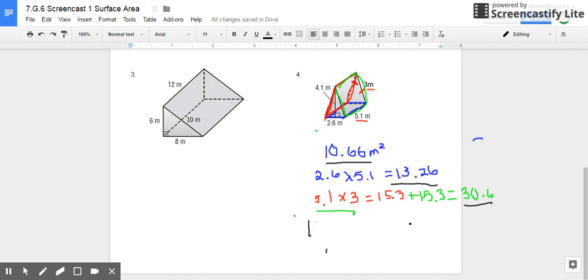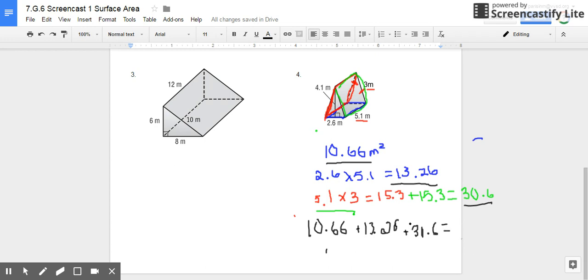What I'm doing in my calculator is I'm taking 10 and 66 hundredths, and I'm adding it to 13 and 26 hundredths. And then adding that to my other 2 rectangles, that added up to 30.6.